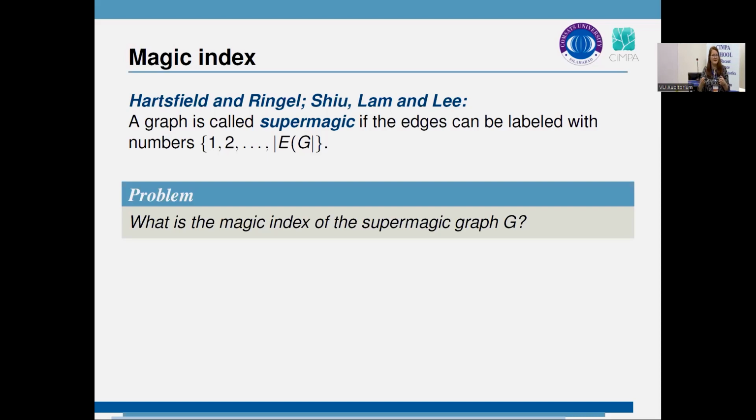Is there something else that could help us? It's similar to your case. What you get is that you evaluate the sum of the numbers from 1 up to the number of edges, multiplied by 2. And this equals the magic index multiplied by the number of vertices.